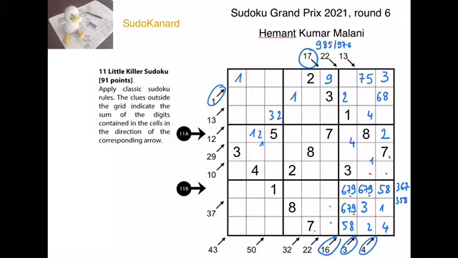Well, that doesn't seem to be very useful, except that Sudoku gives me a 1 here. So it's 17 for those 3 cells.